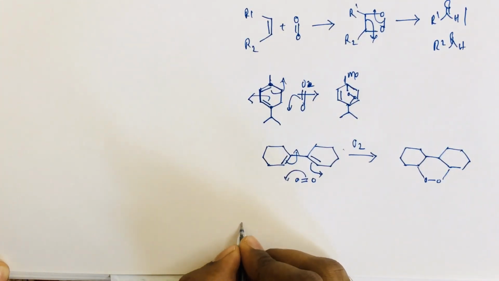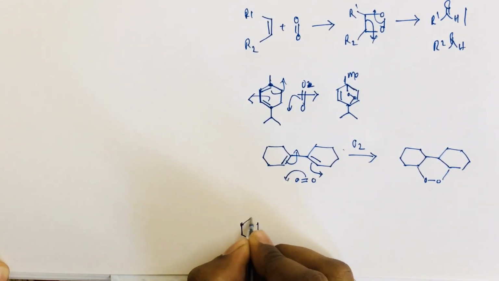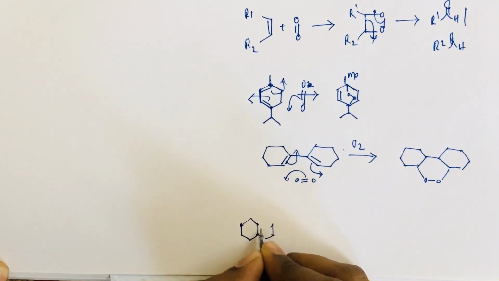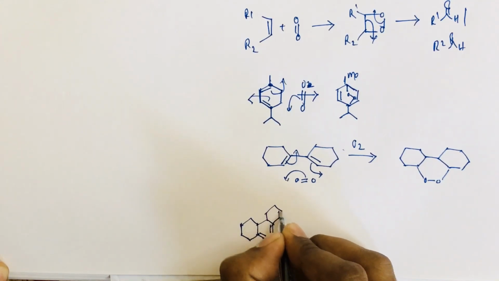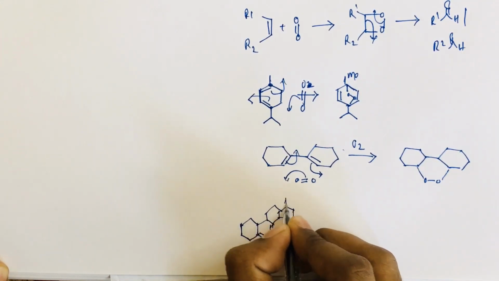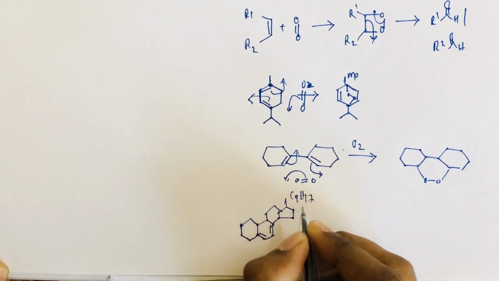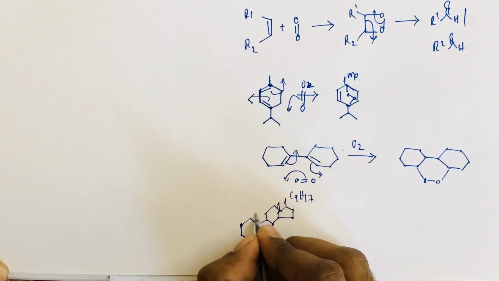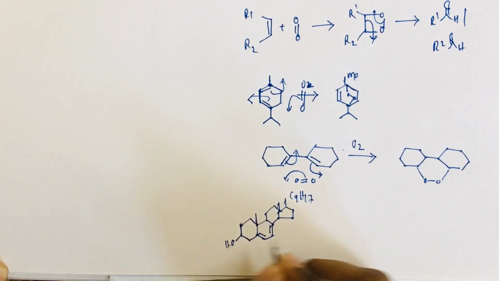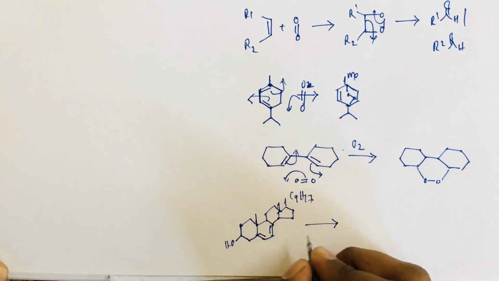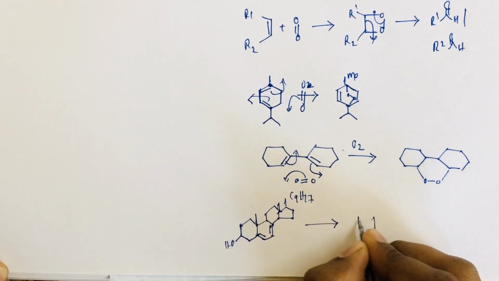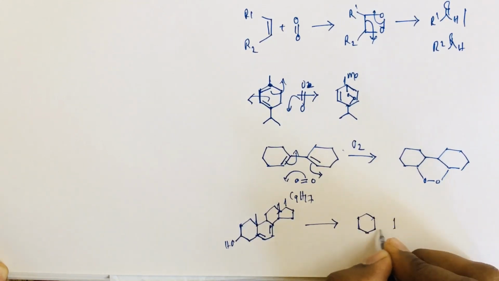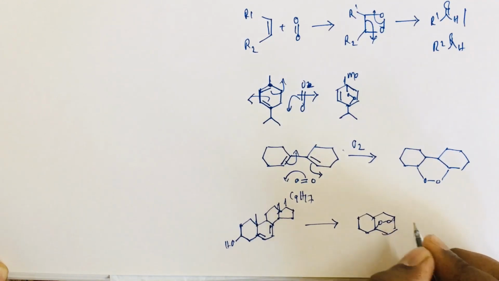And then we have this system, C9H17, with a methyl group and an alcohol. This also, upon treatment with oxygen, has the 1,4 carbons involved in the reaction, and it forms this kind of product.